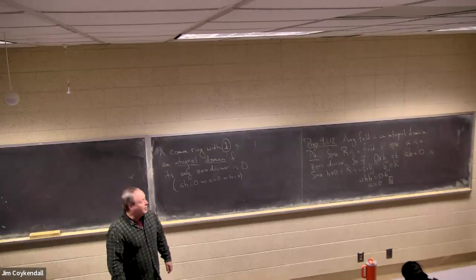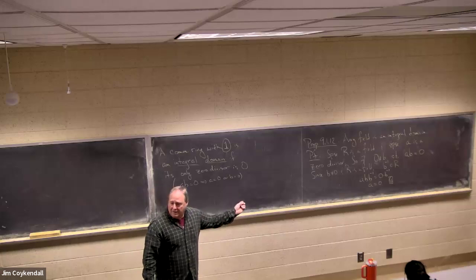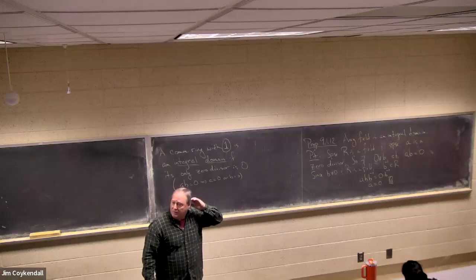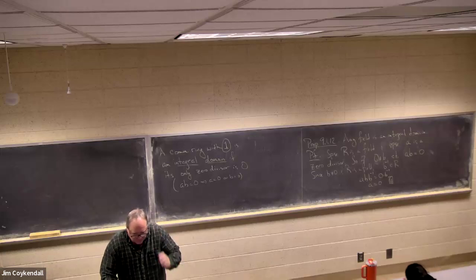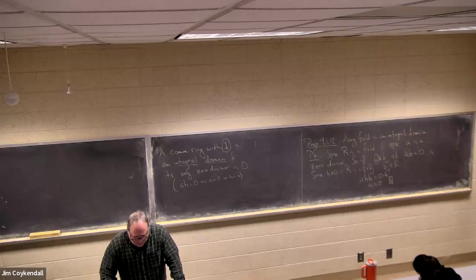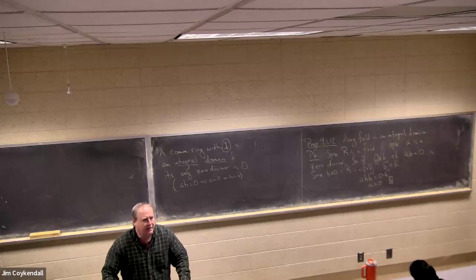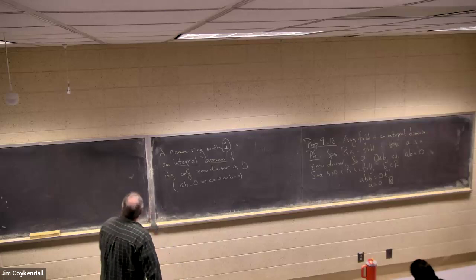And so what we proved here is the only zero divisor is zero. And so that establishes the result. Okay. Any questions?